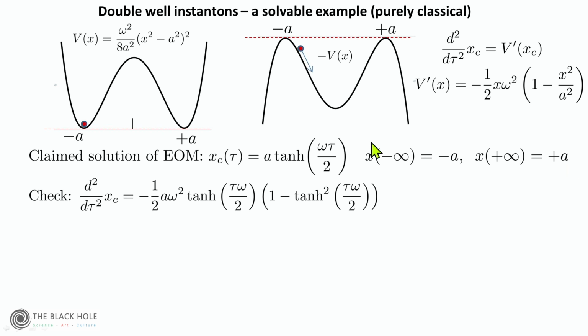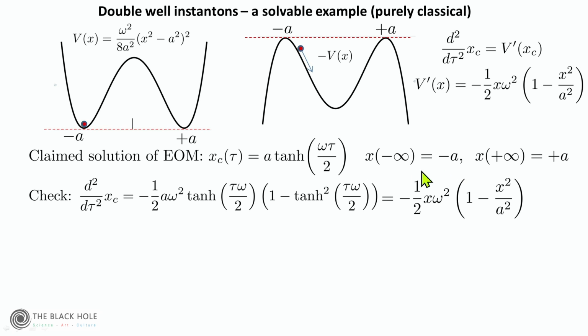Let's check if this is indeed the solution. So let me take two derivatives, like over here. You'll have to believe me or just do the calculation yourself. Very, very simple. This is what it is. Then use the identity that this over here is equal to sech squared.